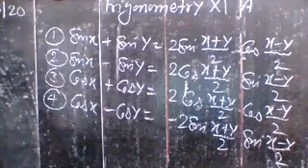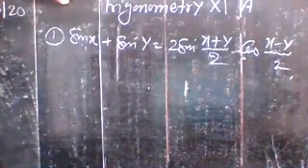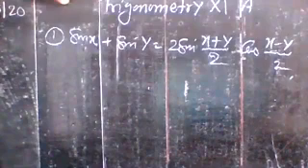So first of all, I am trying to prove the first identity. In that case, suppose x is equal to a plus b, and y is equal to a minus b. Here you suppose the values of x and y in this way. So solving that, a plus b is equal to x and a minus b is equal to y, so you have the values of a and b.